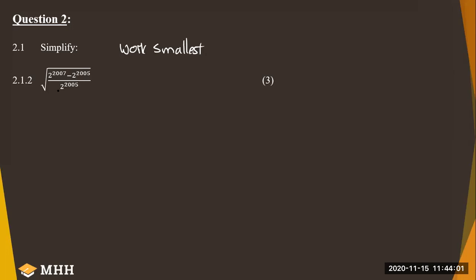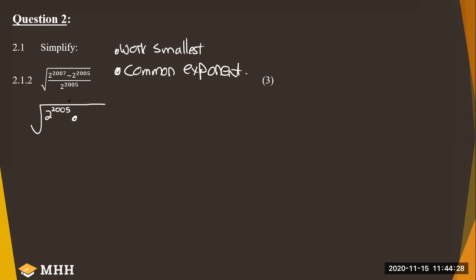Well, 2 to the power of 2005. So I'm going to break this one into 2 to the power of 2005. Why? Because I'm looking for a common exponent to take out. You see the concept? It's still the same rules.